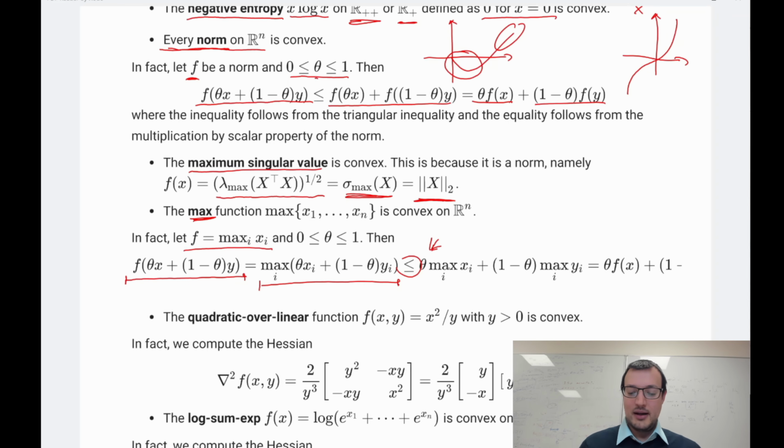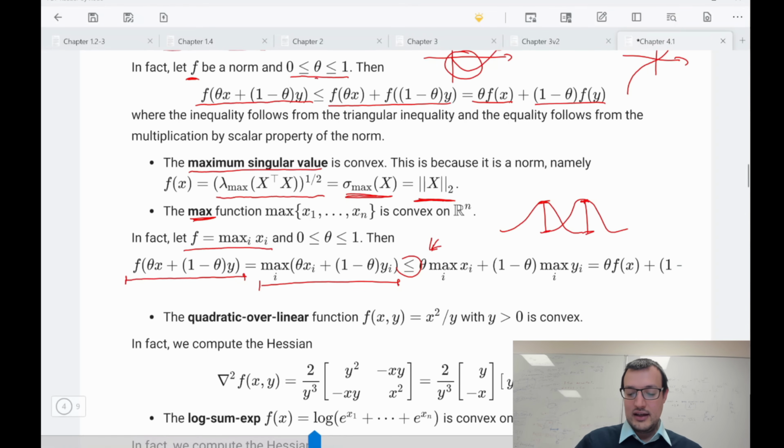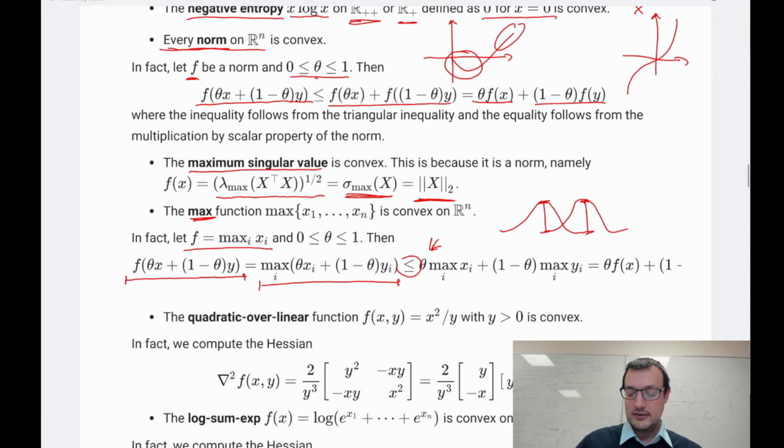This is obvious if we have, for instance, two functions like this. The sum of the individual maxes, so if I sum this plus this, is definitely going to be bigger than if I first sum the two functions, which is going to be something like this. You see that the maximum here is going to be just either the previous peak or another peak that may be a bit bigger or a bit smaller than the other peaks.